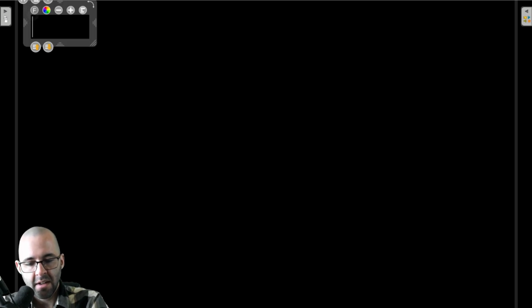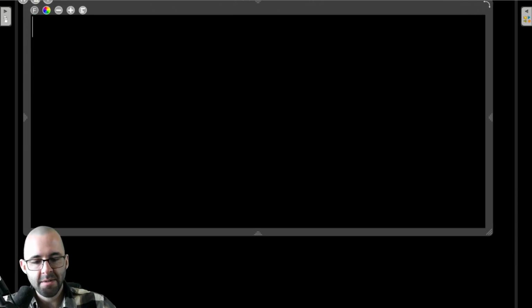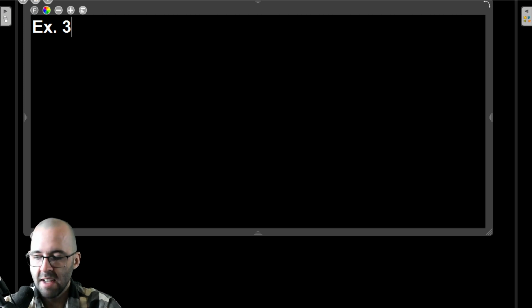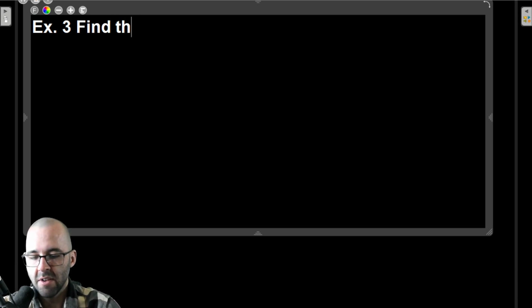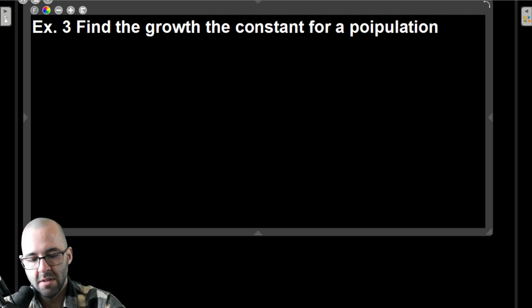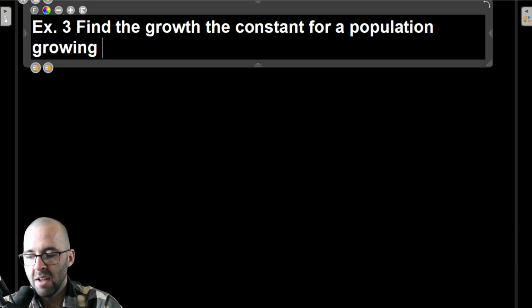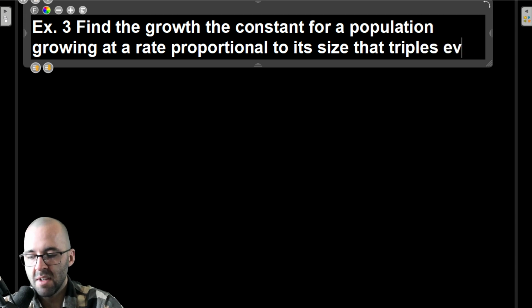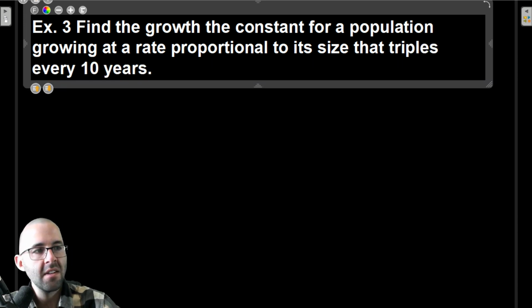Example 3. I'm going to type this one out actually, because I'm lazy and don't like writing things down. Example 3 says, find the growth constant for a population growing at a rate proportional to its size that triples every 10 years.